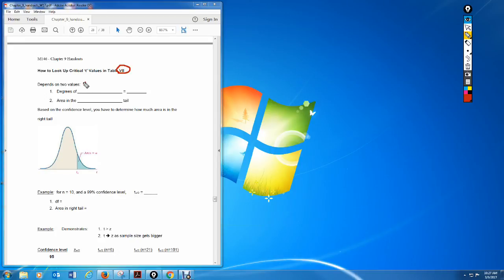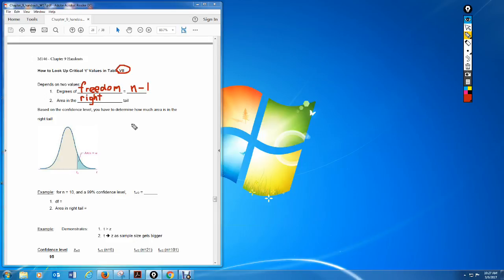First of all, the degrees of freedom. I mentioned before that this is related to the sample size, and actually it is equal to the sample size n minus 1. The second thing it depends on is the area in the right tail of the distribution.